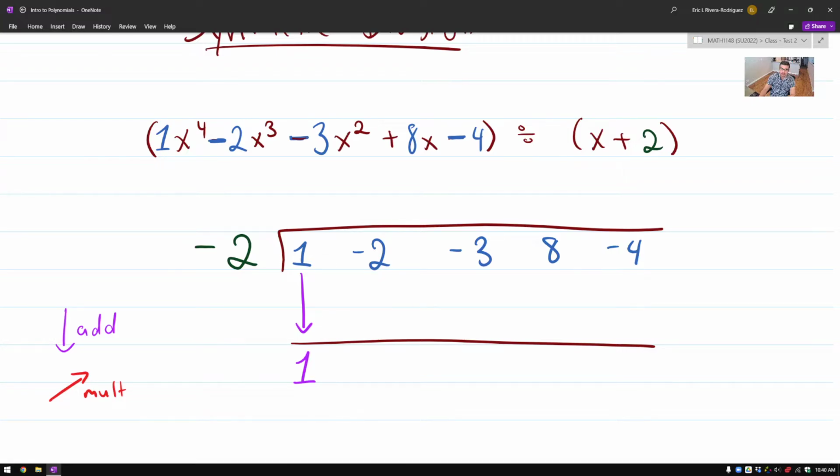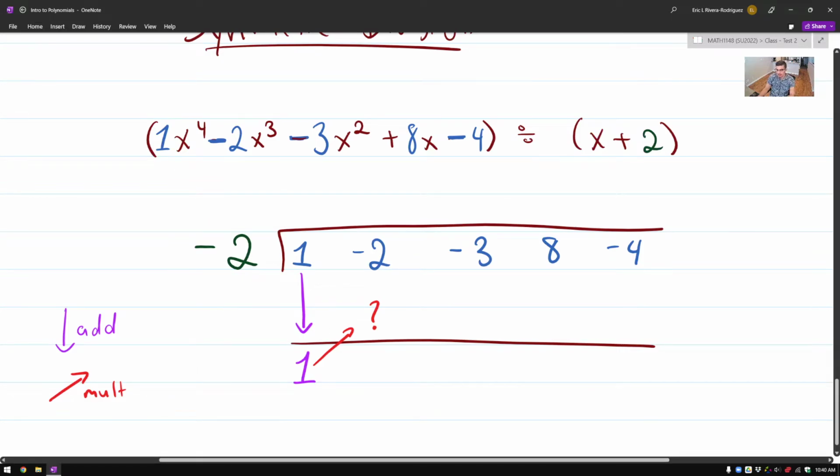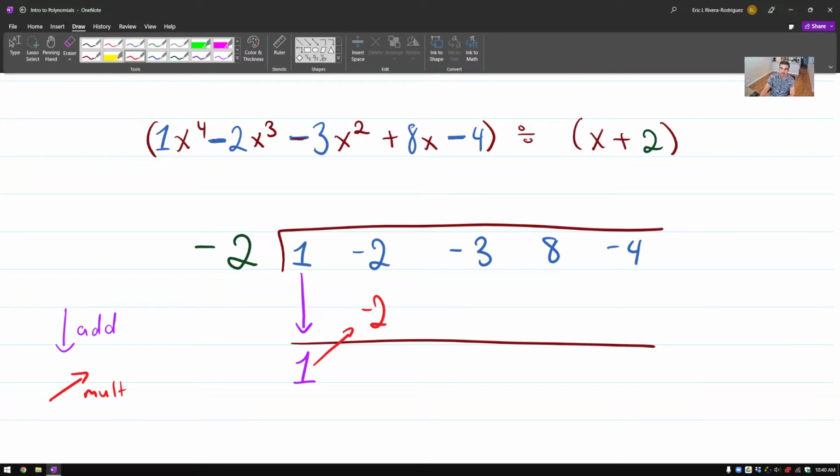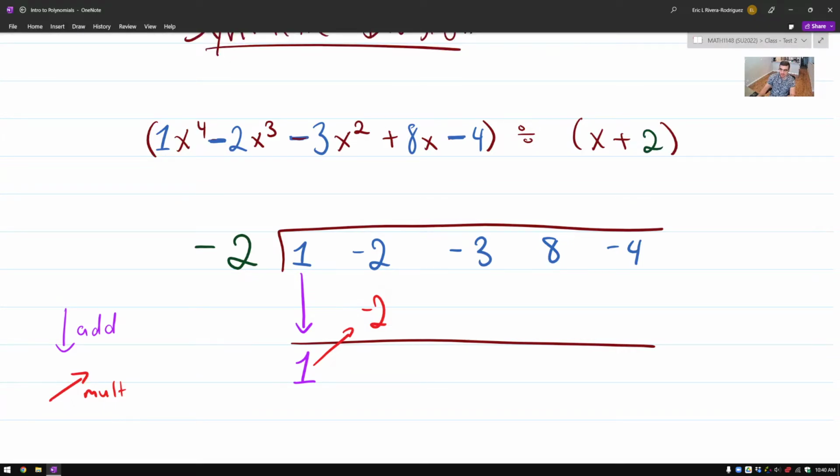Then we multiply. We are going to multiply to get a number here. But what are we going to multiply with? So 1 times this number that we have here, -2. So 1 times -2, we got -2. Again, now we go down.